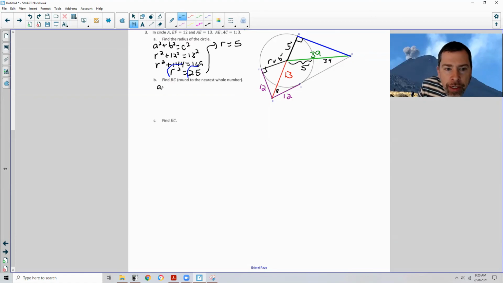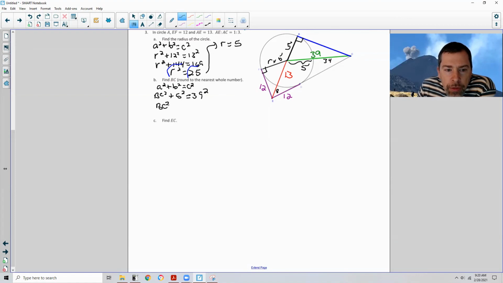So again, I'm going to write a squared plus b squared equals c squared. And in this case, I don't know BC, which is a squared. So I'll just say BC squared plus 5 squared equals 39 squared.